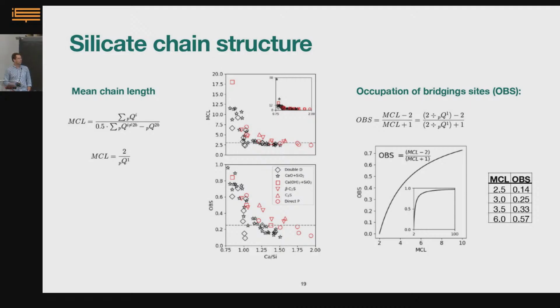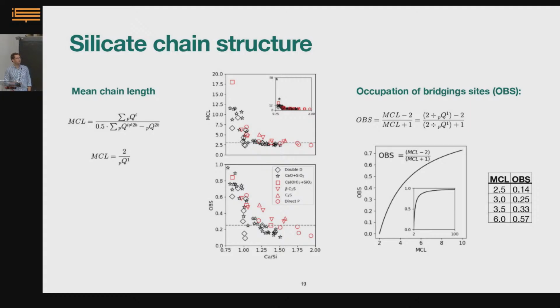So we have double decomposition from the reaction of calcium oxide and silicon dioxide, and then calcium hydroxide with SiO2, hydrating beta C2S, hydrating halide, and the direct precipitation, the method that we have. And you can see that there are big differences when you plot it like this.